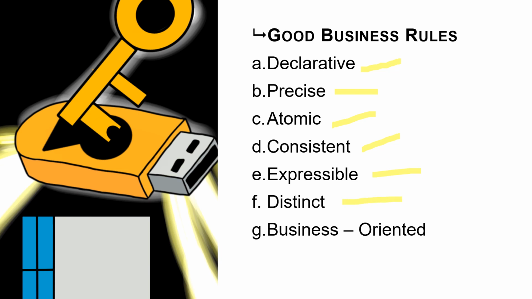Business rules are not redundant, but a business rule may refer to other rules. Business-oriented. A business rule is stated in terms business people can understand, and since it is a statement of a business policy, only business people can modify or invalidate a rule. Thus, a business rule is owned by the business.